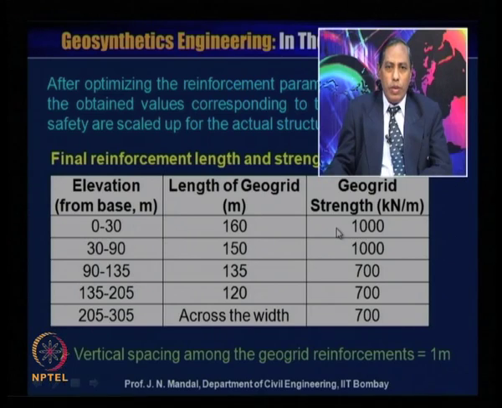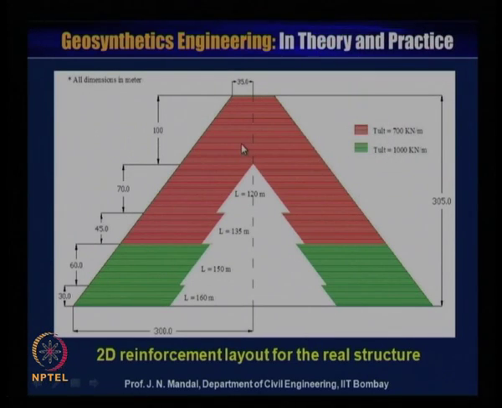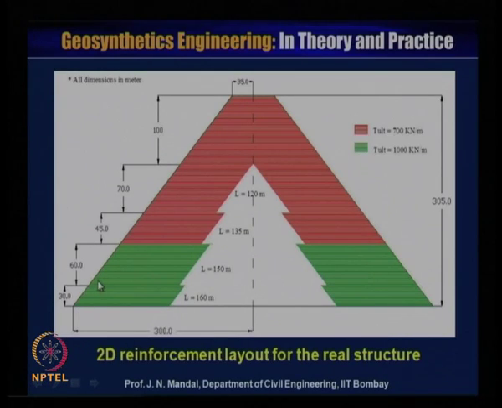I am showing you this. This is the two-dimensional reinforcement layout for the real structure. So, here from the bottom, 0 to 30 elevation meter, the length of the geogrid is 160 meter and strength is 1000 kilonewton per meter.